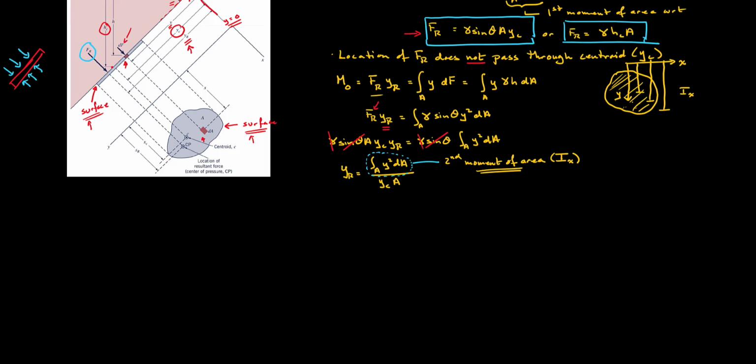So with this notation, we can write yr is equal to Ix divided by yc multiplied by a. So this is the location of our resultant force.